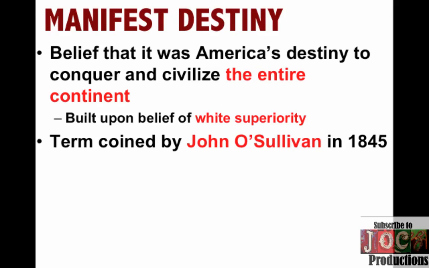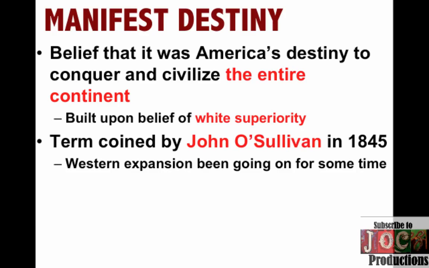The term manifest destiny was first coined by John O'Sullivan in 1845, a newspaper editor, but it's important to keep in mind, Western expansion had been going on for a very long time. If you really want to get technical, from the moment the colonies are founded back in 1607 and onward, we've been moving west. And with that comes problems.